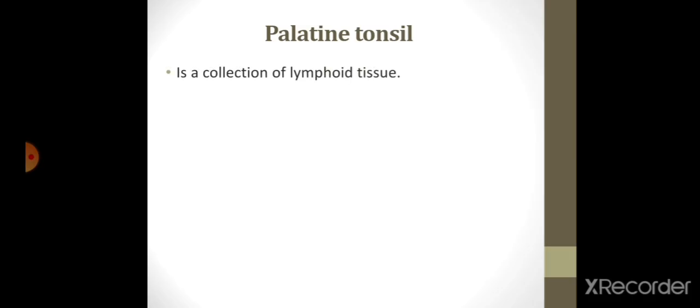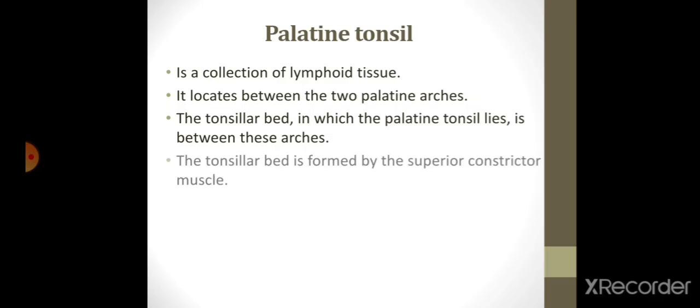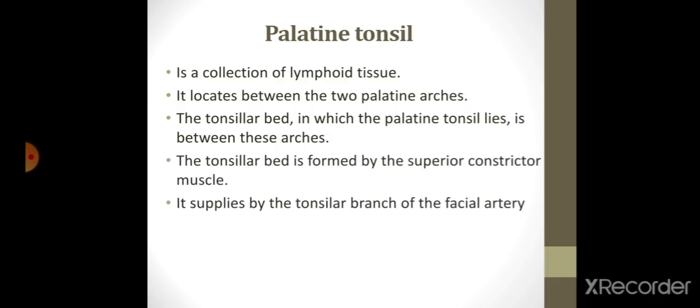Palatine tonsil is a collection of lymphoid tissue located between two folds, which are the palatoglossal and palatopharyngeal folds, and rests on the tonsillar bed, which is formed by the superior constrictor muscle, described later with the muscles of the pharynx.